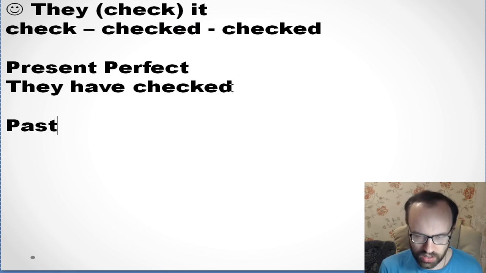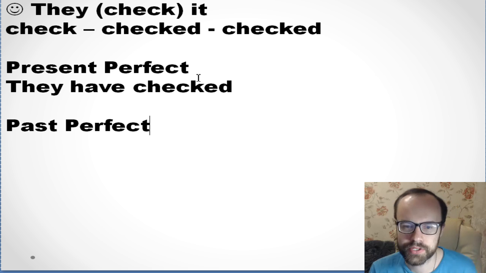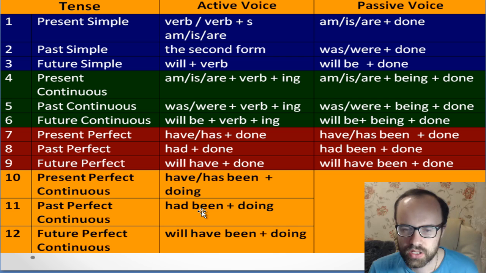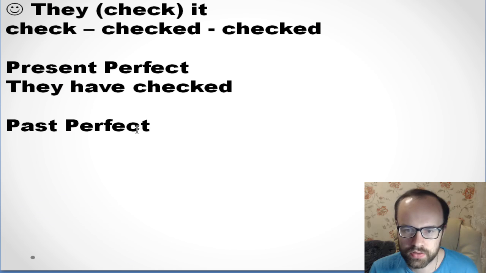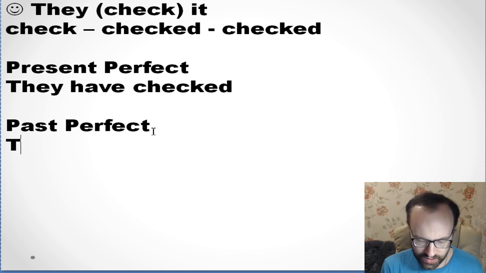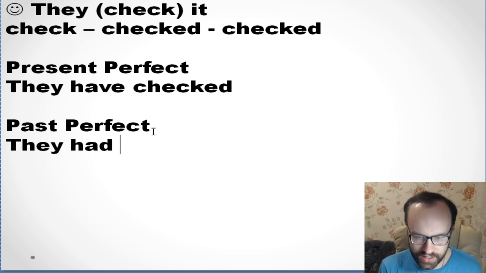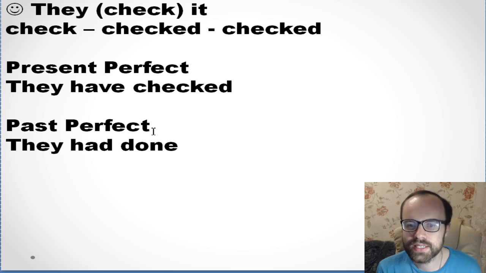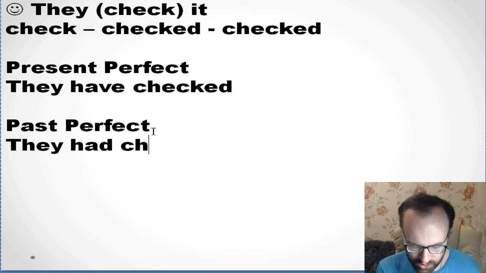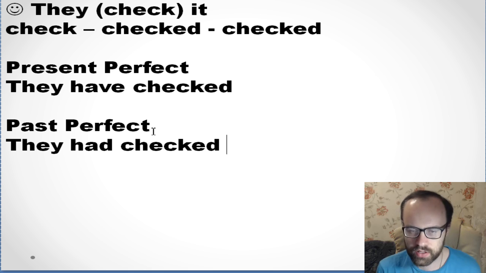Okay, good. Past perfect. What about past perfect? So had plus the third form. Okay, no problem. They had done it, or they had checked it, because we have another verb, not do but check.